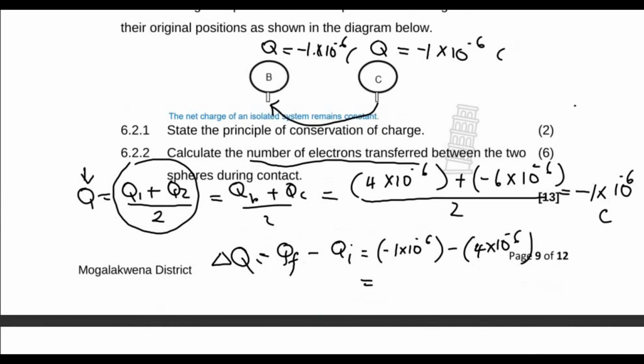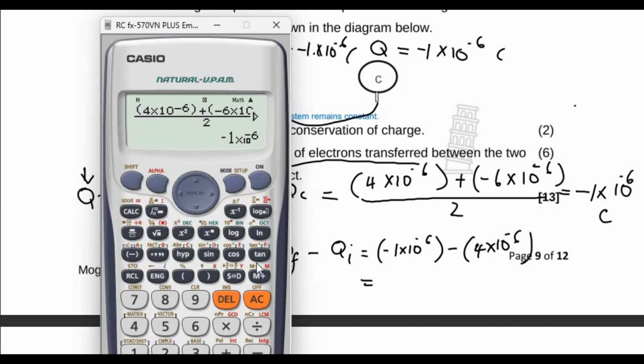So we put this in a calculator. We have minus 1 multiplied by 10 raised to the power of minus 6 minus 4 multiplied by 10 raised to the power of minus 6. How much is that?